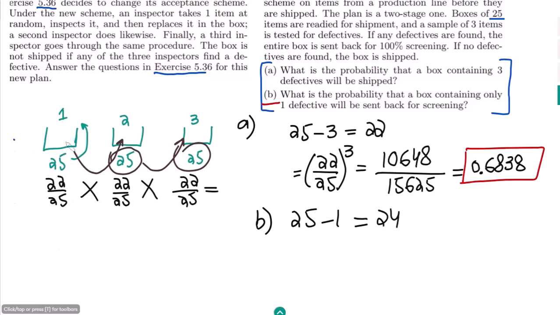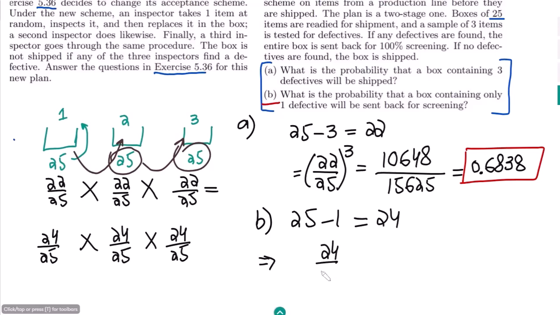So the probability of passing through each inspector becomes 24 by 25. This is the probability of passing through all of them, so we get 24 by 25 whole cube.